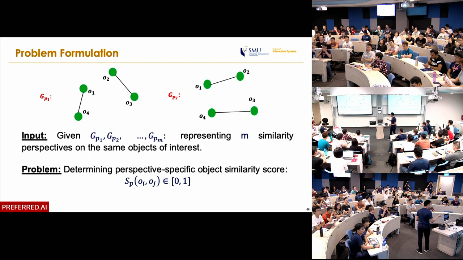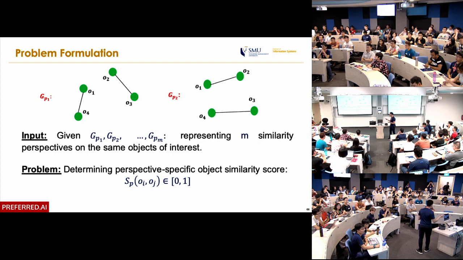We quantify this with a variable, the similarity between, let's say, object i and object j according to one perspective p, normalized to a value between 0 and 1. It's like how certain you are that these two objects are similar to each other. This is the input, and what we want to measure is this variable.